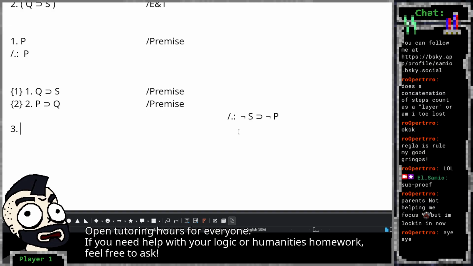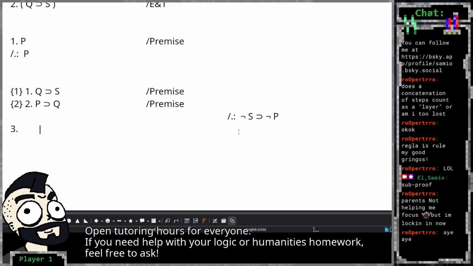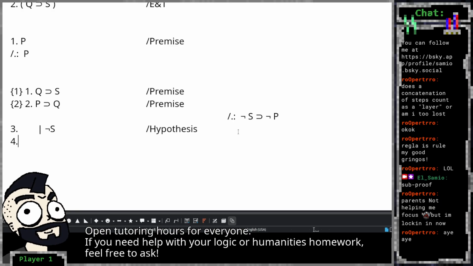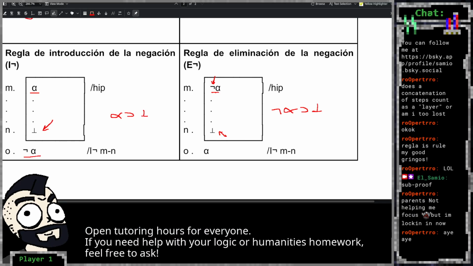Okay, so in 3, I open a subproof. I do that by tabbing and adding this vertical line. I will justify this by hypothesis. I started my subproof with the antecedent of the conclusion, because I need to go over this again.